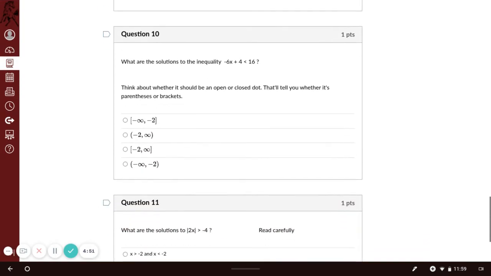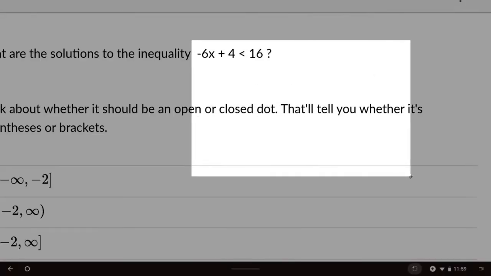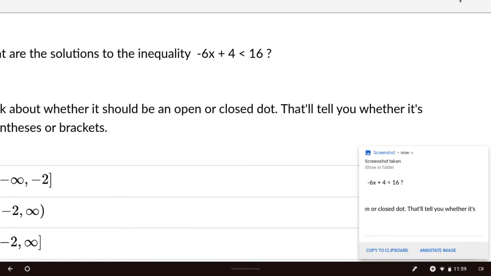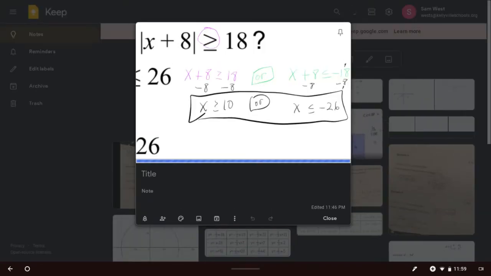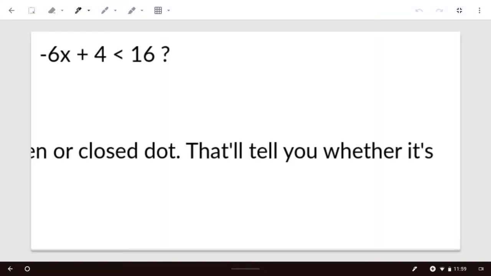All right. Number 10. What are the solutions for negative 6x plus 4 is less than 16? I'm going to go ahead and solve this one out here. Okay, so solving for this x, we will minus 4 from both sides.